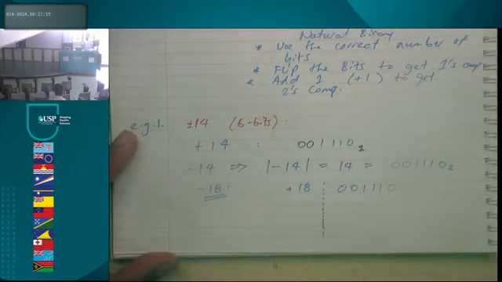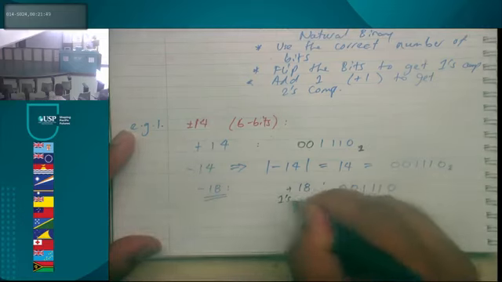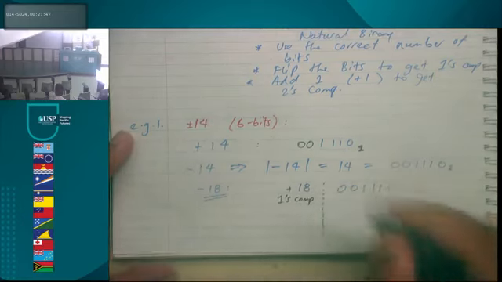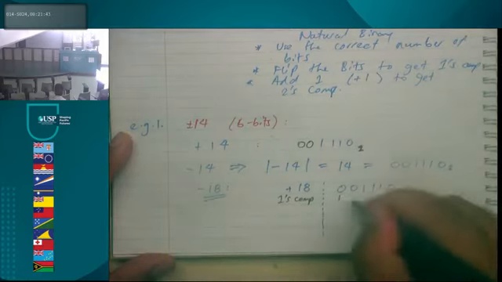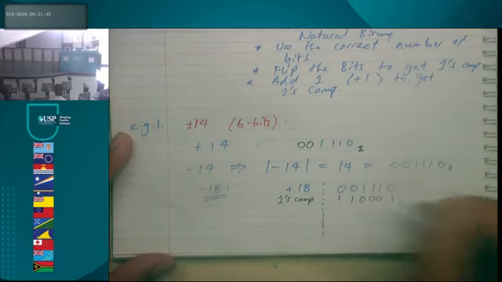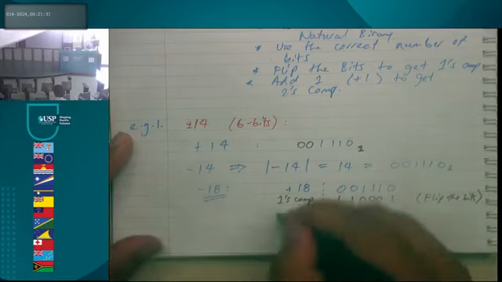We then take the 1's complement. What does 1's complement mean? Flip the bits. Then we add 1.